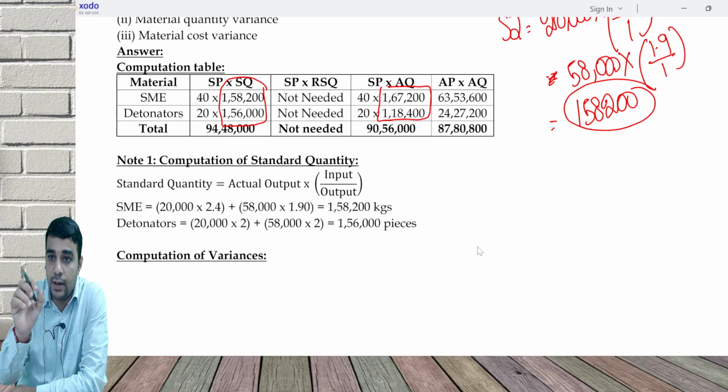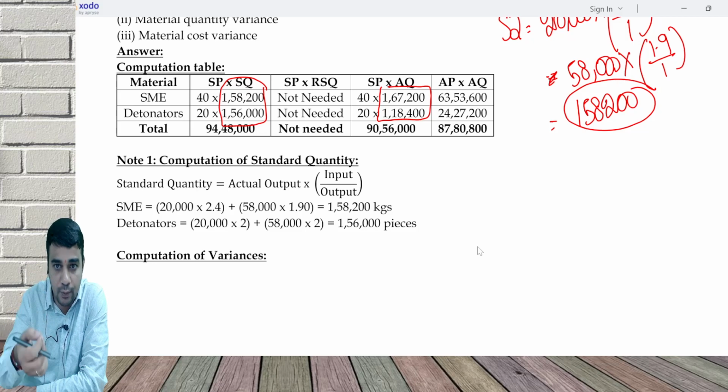For product 1 there was a ratio, product 2 there was a ratio: product 1 raw material 1, product 1 raw material 2, product 2 raw material 1, product 2 raw material 2. Four different ratios are there. Combining all these is 1582 is to 1560. This is a situation where we have multiple raw materials, multiple finished products.